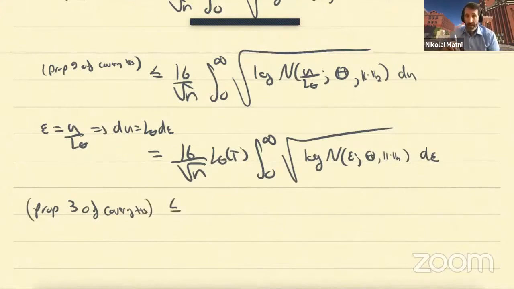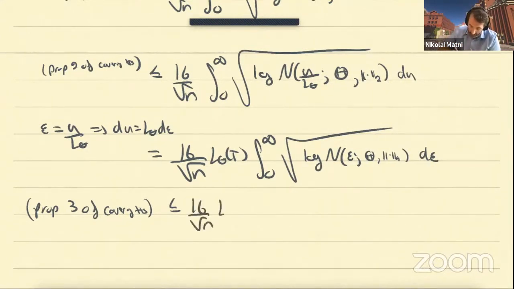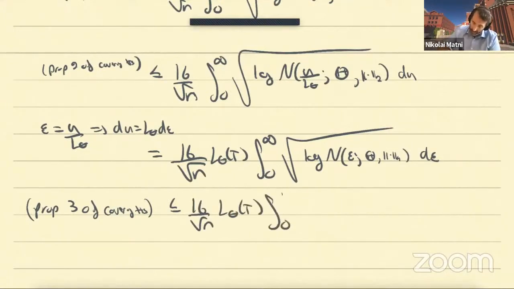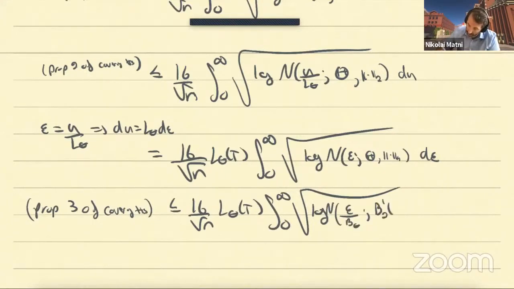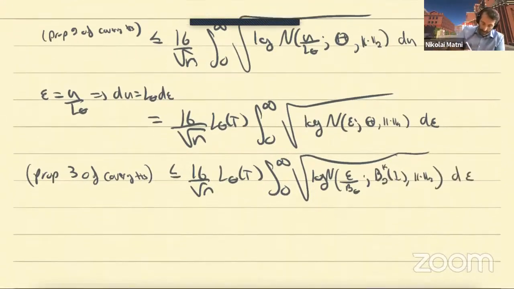Now we apply property 3, where we use the fact that all of the thetas are bounded by b theta. This tells me that I can upper bound this by 16 over square root n, L theta of t, integral from 0 to infinity, of log of the covering number of epsilon over b theta of the Euclidean ball under its own metric, d epsilon. Again, we set epsilon prime equal to epsilon over b theta.